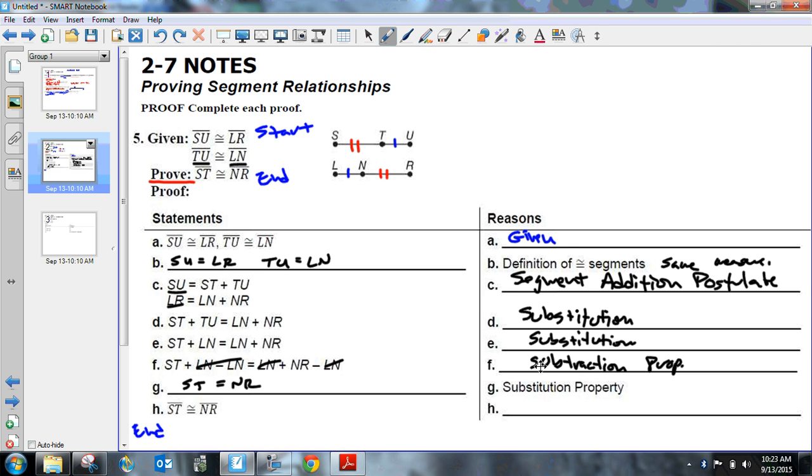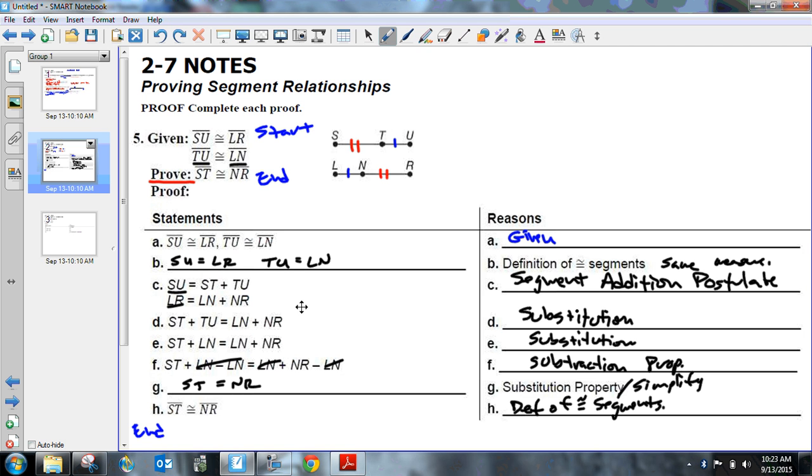And that's substitution. We've talked about how when they use the substitution property, that's the same thing as you basically saying simplify. Those kind of go hand in hand. And then because these lengths are equal, we can say that the segments are congruent. So this is just the definition of congruent segments.